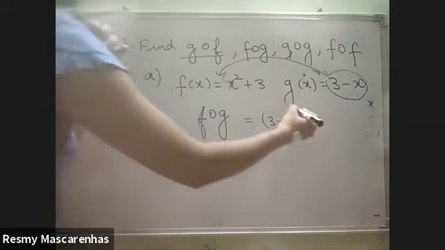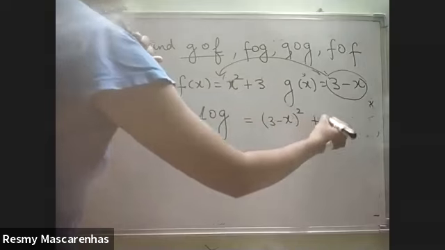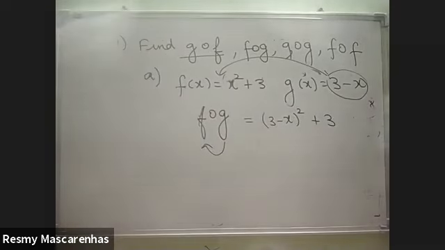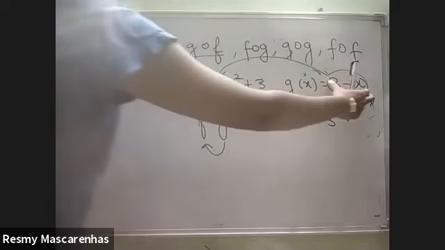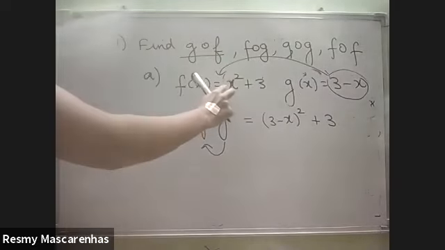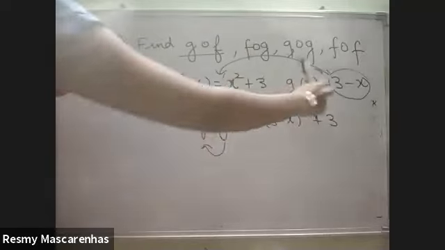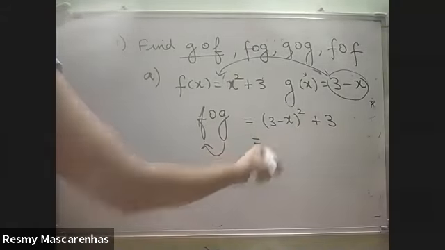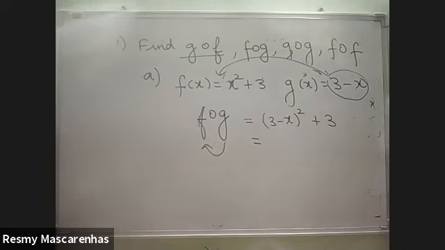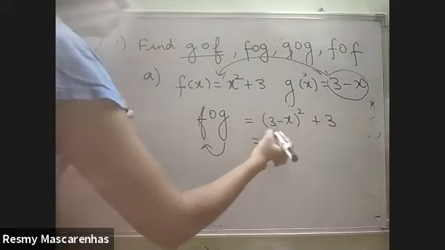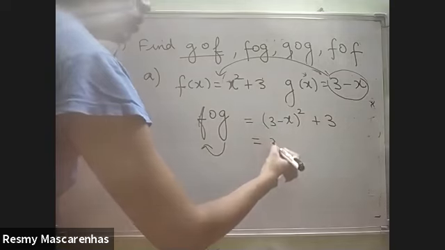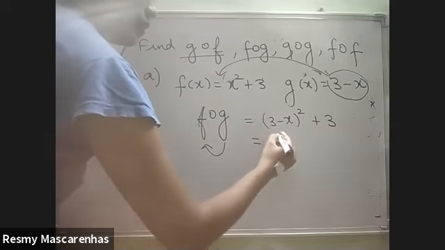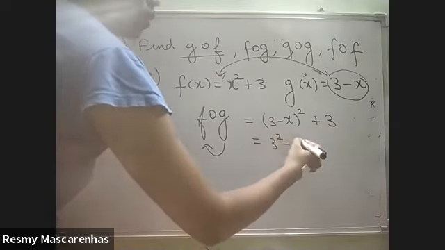Okay, since it is square, it will be square. So the whole G function I've substituted wherever there is X, I've replaced it by G function. Okay, and now simplify. So 3 square minus 2ab.